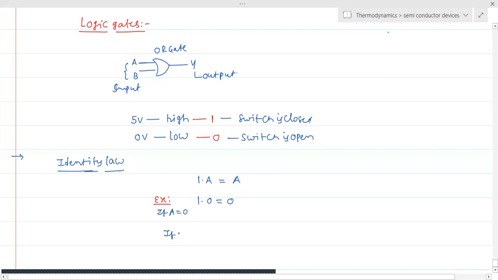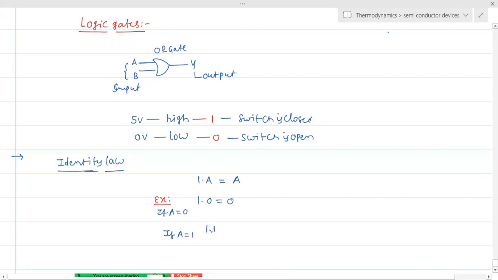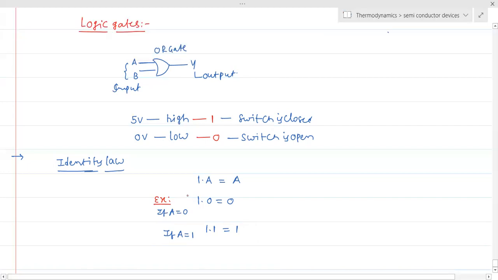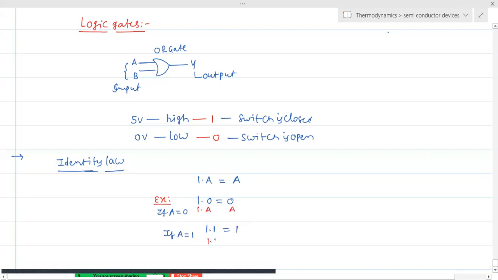Suppose A is equivalent to 1, then 1 into A is nothing but 1. 1 into 1 equivalent to 1, so 1 is nothing but A. So again we are proving this law. This is 1 into A equivalent to A, and we need to remember this first law.